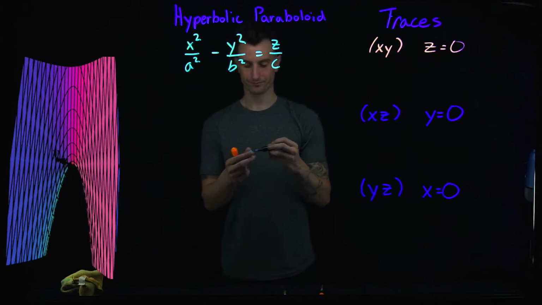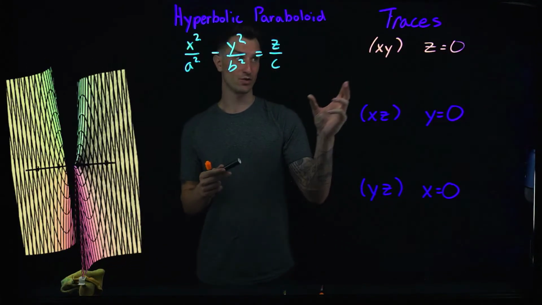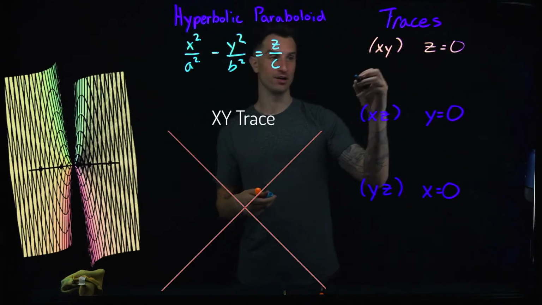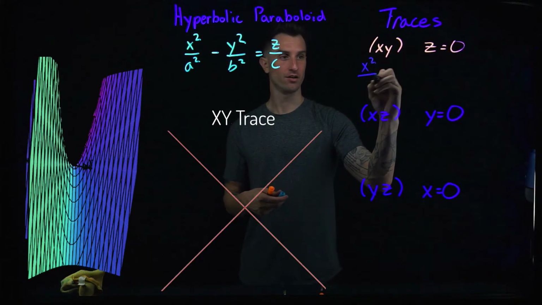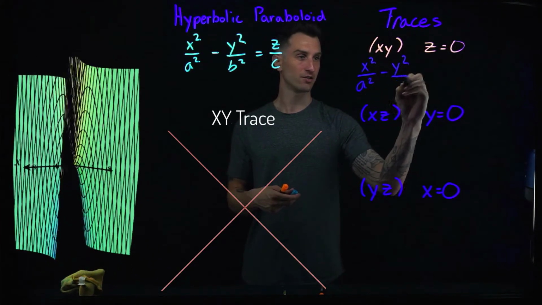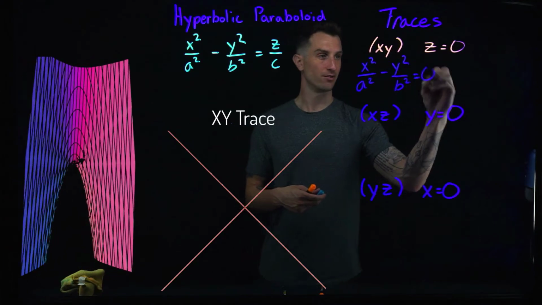Okay. So our very first one in our xy plane should look familiar, because what happens if z is equal to 0 here? We end up with x squared over a squared minus y squared over b squared is equal to 0.